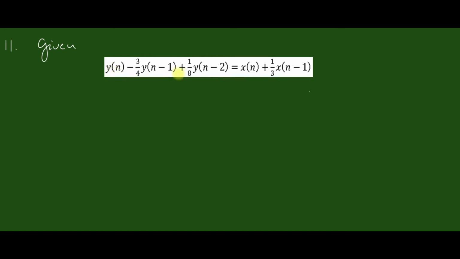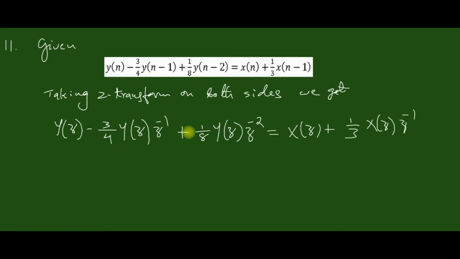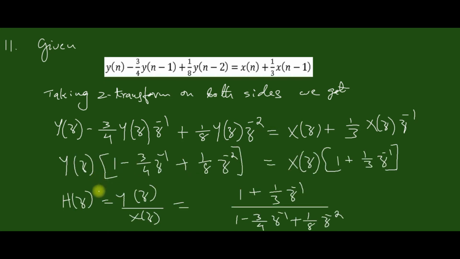So given the constant coefficient difference equation, now taking Z transform on both sides, we get y(n) will become Y(z), then minus 3 by 4 Y(z) z to the minus 1, etc. From which we can determine the system function H(z), which is equal to Y(z) by X(z), which will be equal to 1 plus 1 by 3 z inverse divided by 1 minus this step.